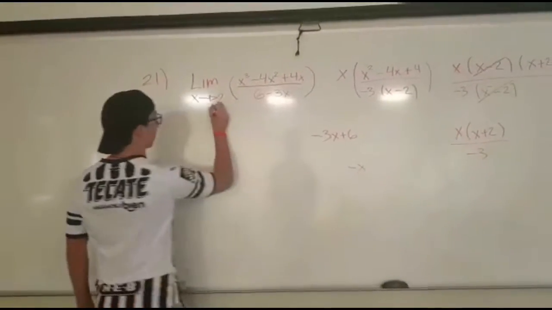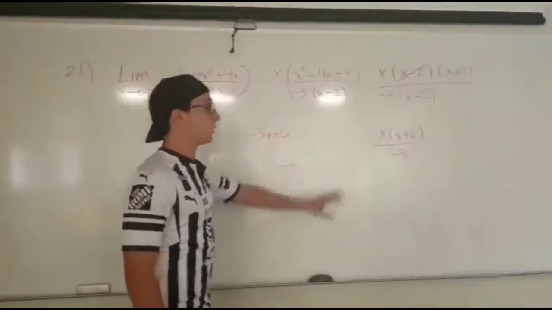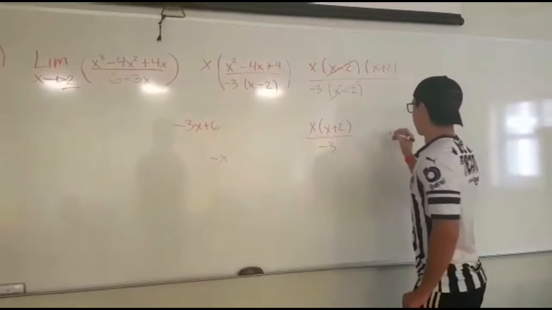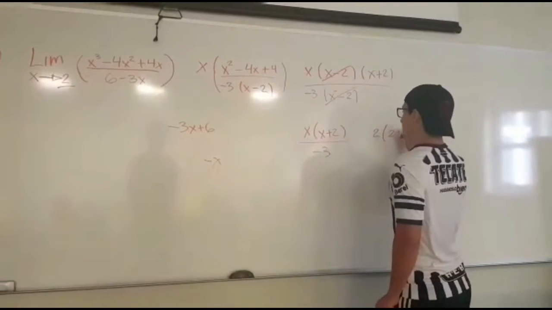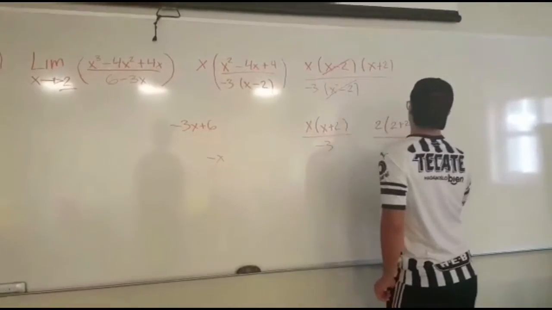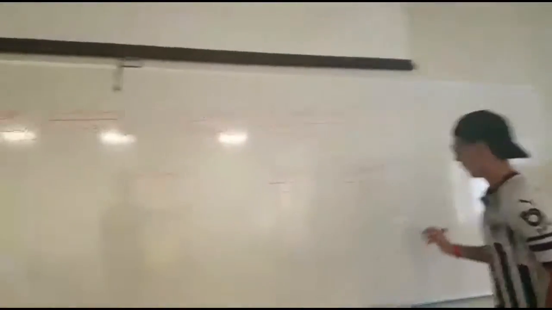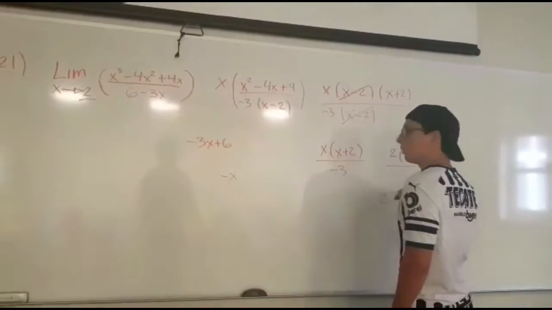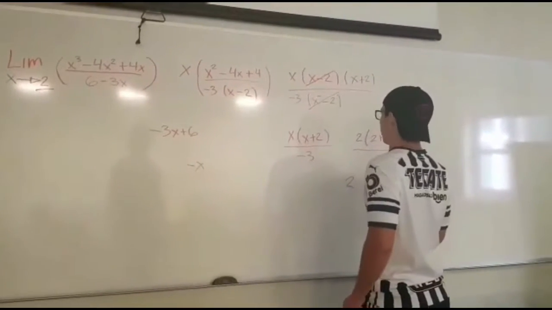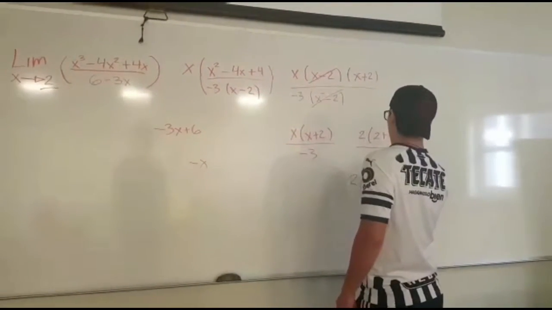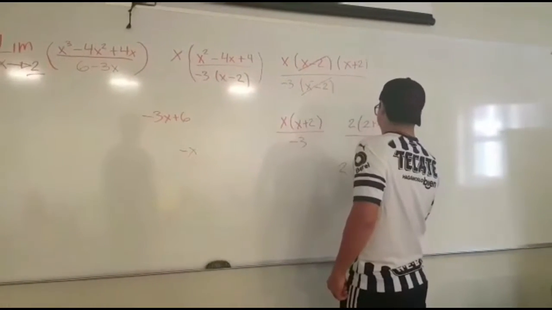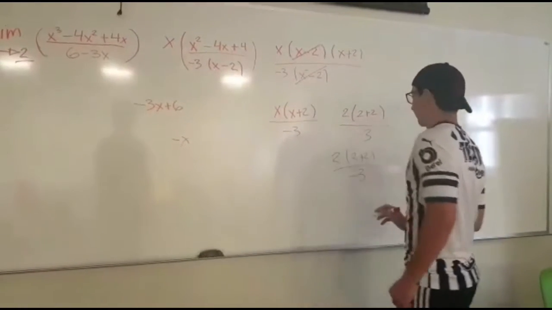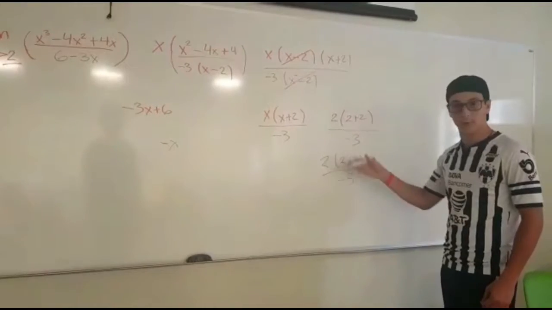That brings us to the last step. Here, as you can see, the limit as x approaches 2. Since you can't factor anymore, you're going to plug in the 2 into the equation, which will give us 2 plus 2 over negative 3. I'm sorry, I just forgot the negative.